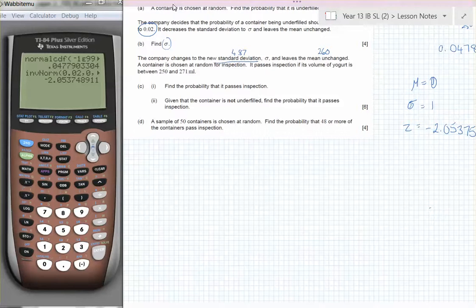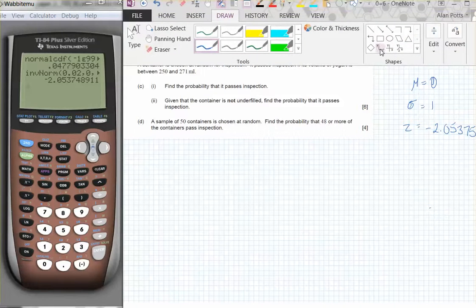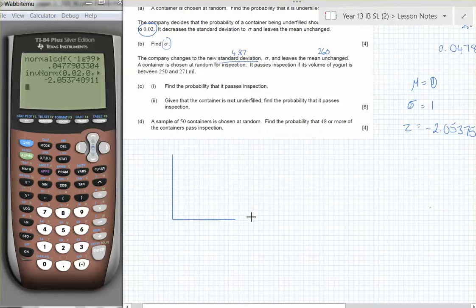Container passes inspection if it is between 250 and 271. Okay, so again, using my little curve to show what I'm doing. We've got to find the probability that it was between 250 and 271.